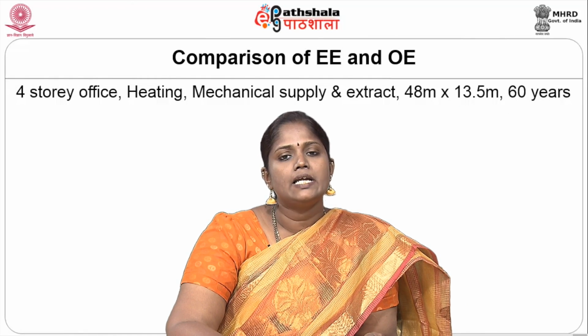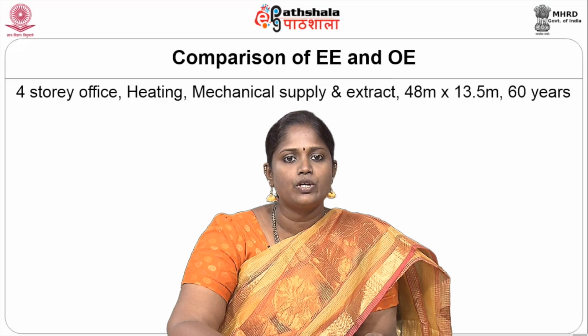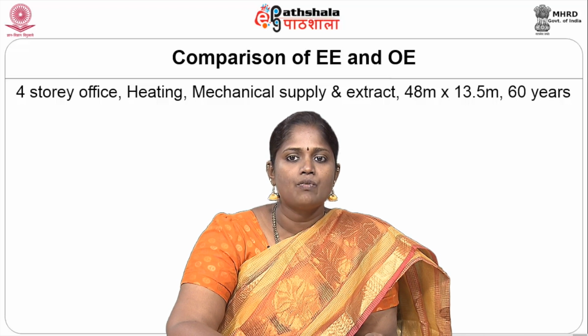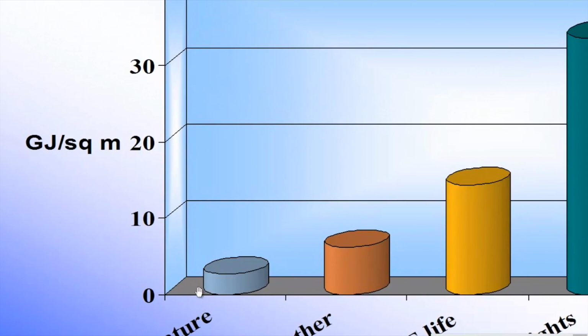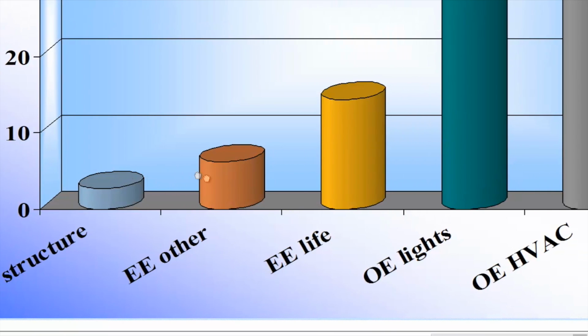Comparison between the electrical energy and the operational energy for the same 4-story office building of size 48 meter by 13.5 meter over a period of about 60 years. The Y axis gives the gigajoules per square meter in terms of operational energy and electrical energies, and the x axis gives the components.